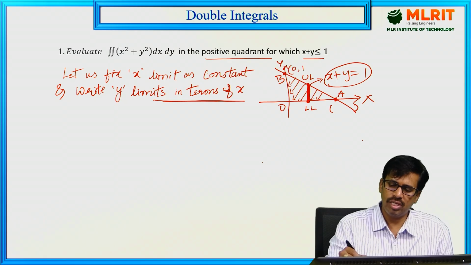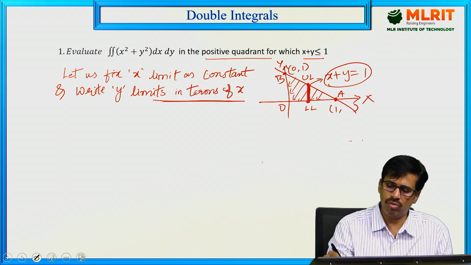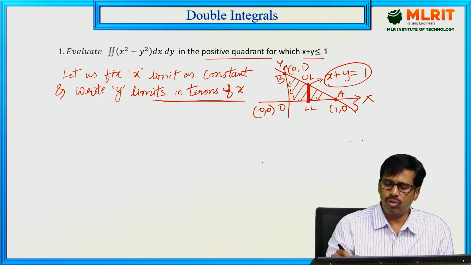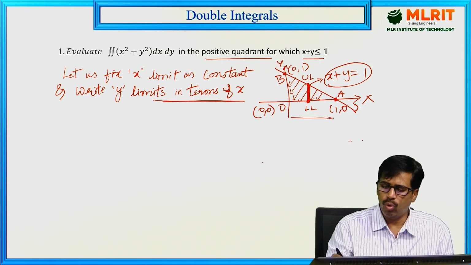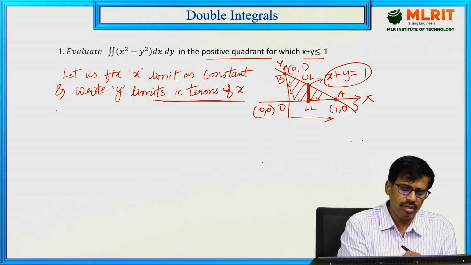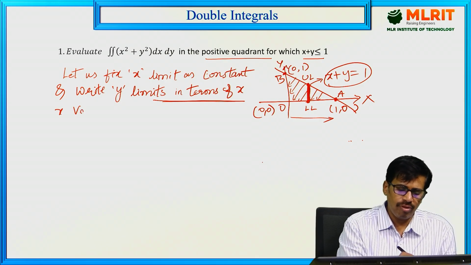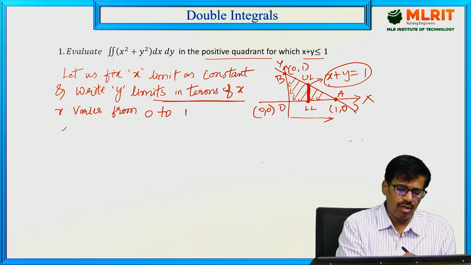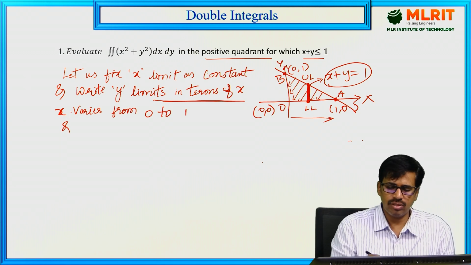Of course this is 0 comma 1, this is 1 comma 0 and this is the origin 0 comma 0. So from O to the point A, the x coordinate changes from 0 to 1, we can clearly see that x varies from 0 to 1. So we are fixing the x limit as constant.